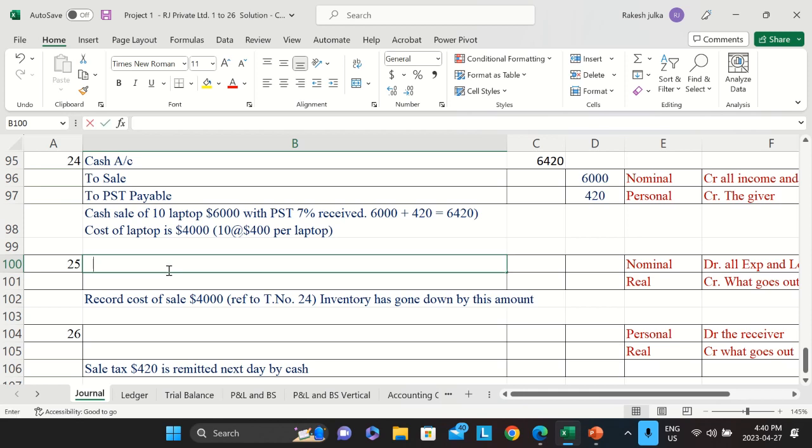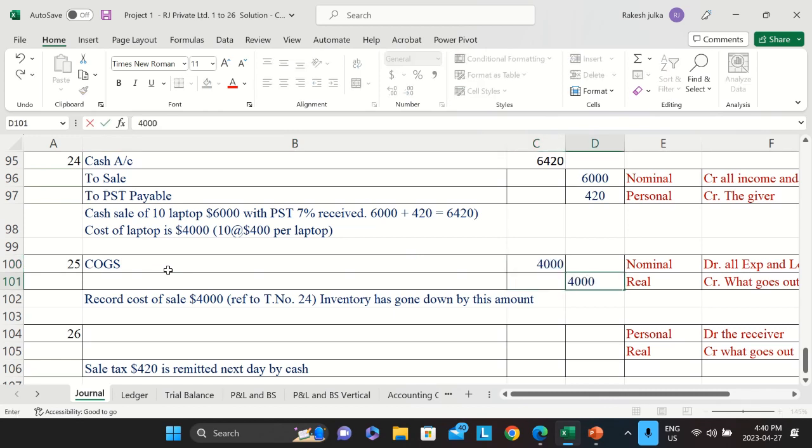In short form, I'm going to write COGS, cost of goods sold, and amount here is $4,000, and also debit and also credit here. So in this case, I'm going to write here to stock, or you can write here inventory, or you can write purchase as well. Whatever that you want, you can write, right?